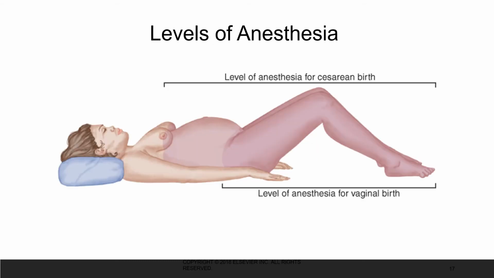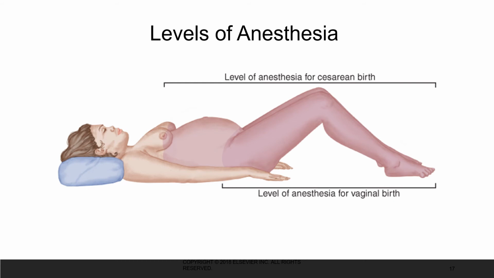So here's the levels of anesthesia for a C-section and the levels of anesthesia for a vaginal birth. The C-section, as you see, can go all the way up to almost the diaphragm. And sometimes if they get it too high, women will really get short of breath and have some difficulty and have to have some oxygen. And then you see the bottom there, typically from the lower abdominal area and on down, their feet and legs are affected as well.